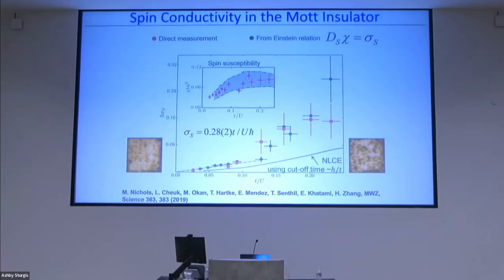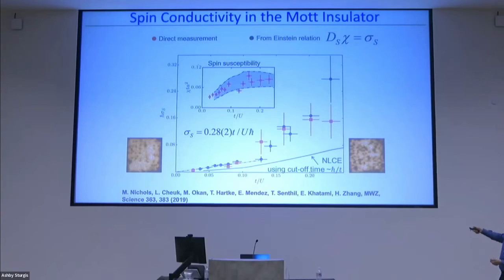For the second one, we need the spin susceptibility, which we measured, and within error bars, things agree. The curve is actually a calculation using numerical expansion. The problem is that it's a heroic effort, but they cannot go to times longer than a tunneling time, while we know, of course, spin exchange will be sensitive to times of the order of the spin exchange time.